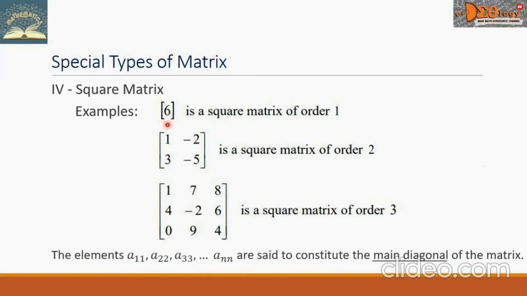So the element in the main diagonal is 6. In the second example, the main diagonal elements are 1 and -5. In the third example, the elements in the main diagonal are 1, -2, 4, respectively.